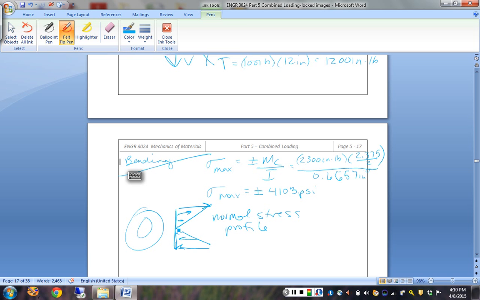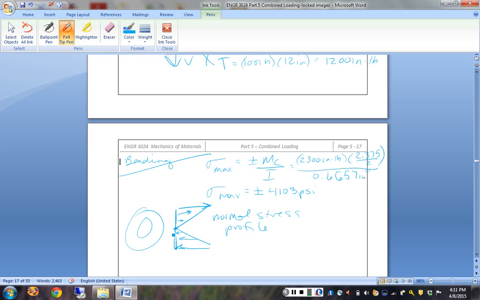So that's my normal stress profile in the cross section. I got no normal stress in the middle. I have 4,103 psi tension here, 4,103 compression here. So if I think about it in terms of at noon on my structure, what do I got? I got plus 4103.